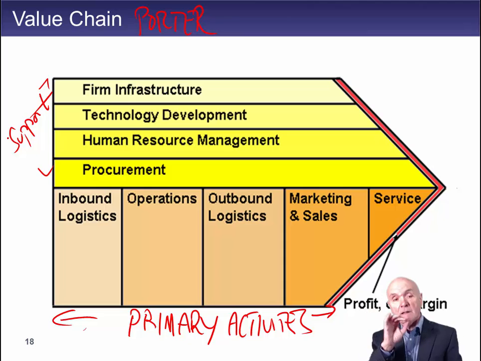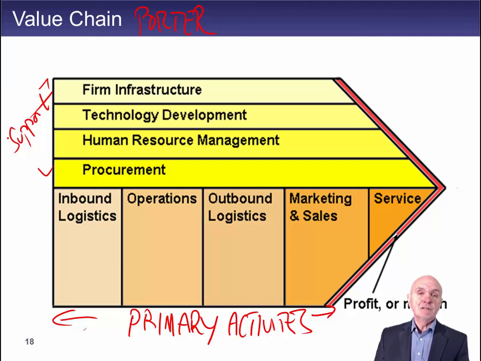The support activities are much more like overheads, fixed overheads. The firm infrastructure is to do with maybe the head office, how we're organising the accounting department, and all of that kind of stuff that has to be within a largish company just to support it. There is technology development, which is basically research and development.